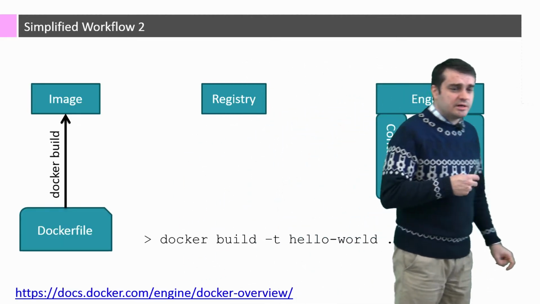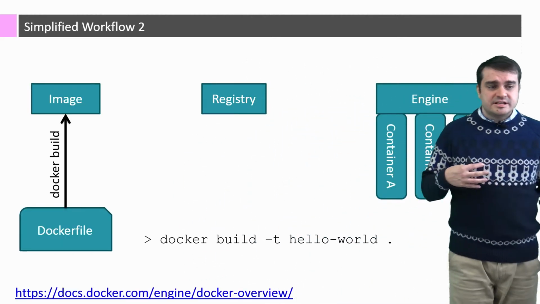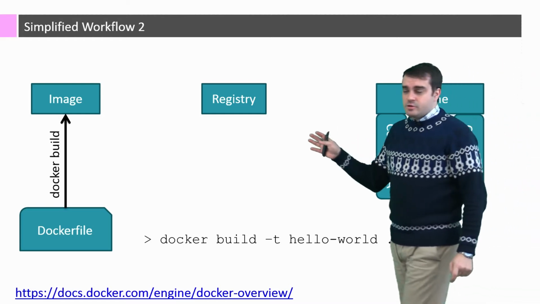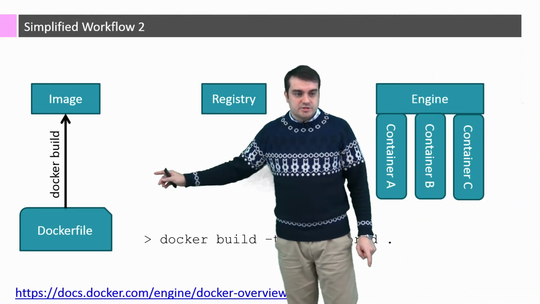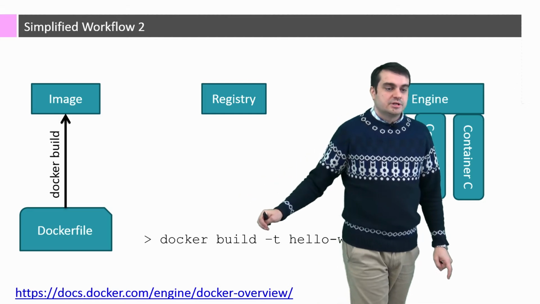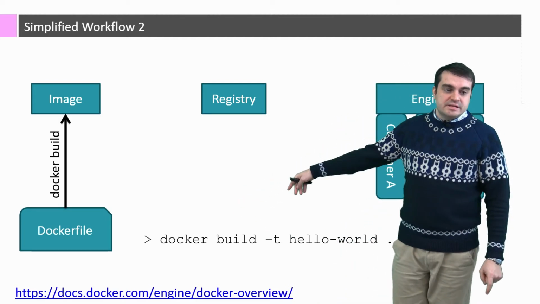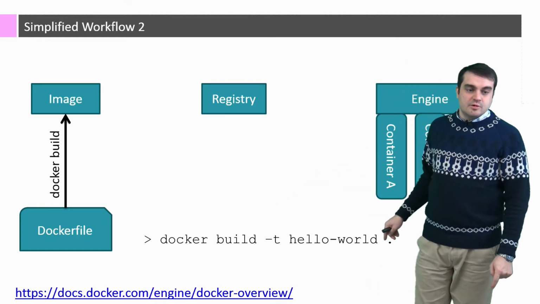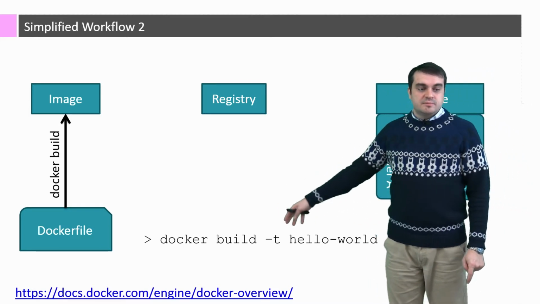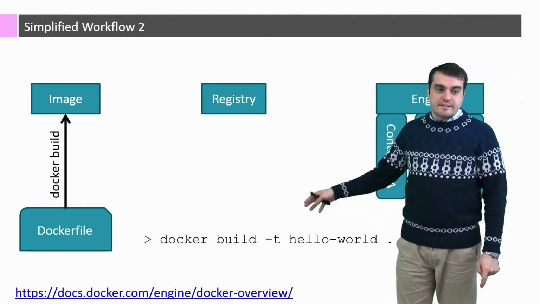But typically what we want, as developers, is to create our own images. For this we have to create the Dockerfile, which I will show you later how it looks, and then we want to build that image with this command, docker build the current directory and tag it with this name.